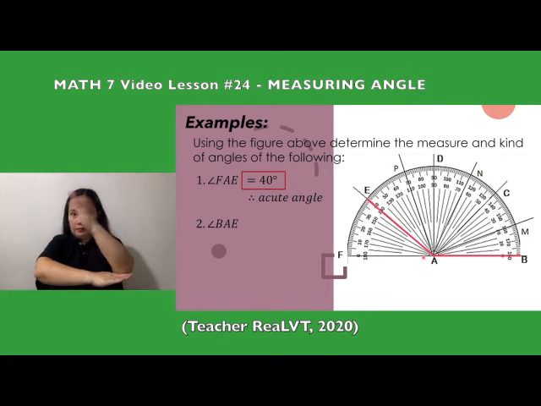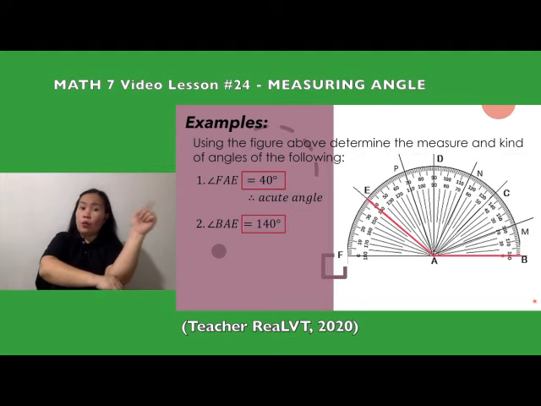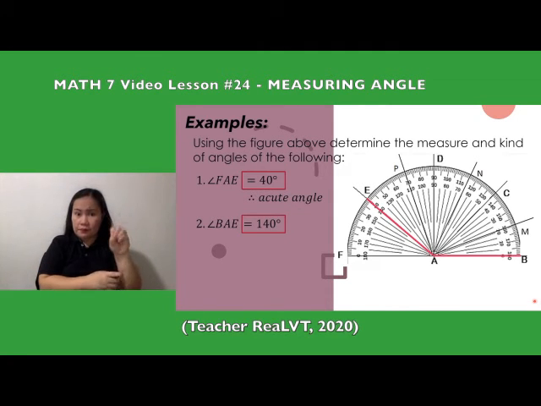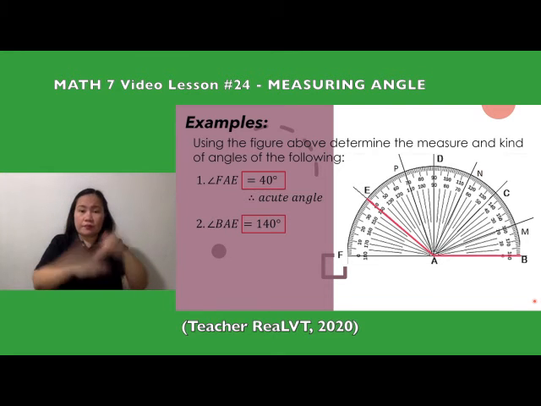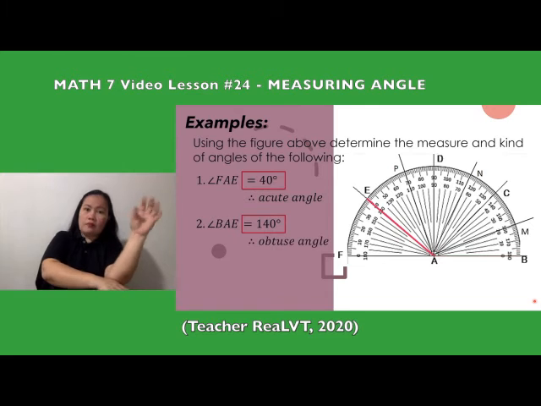Naglay siya sa AE. Using the inner scale, simula 0 ng kanan papunta dito, naglay ang angle BAE sa 140. Therefore, angle BAE is equal to 140 degrees. And since 140 is greater than 90, it is an example of an obtuse angle.